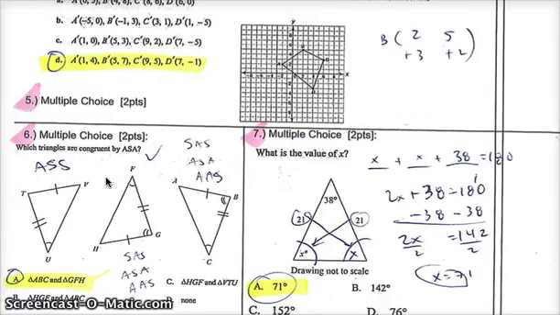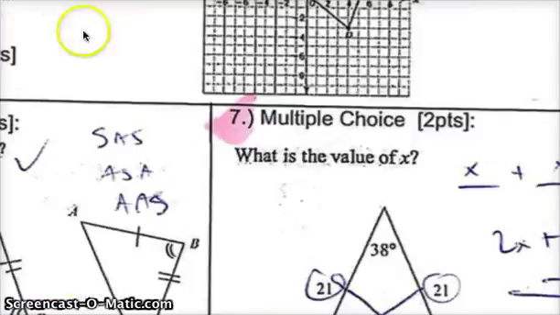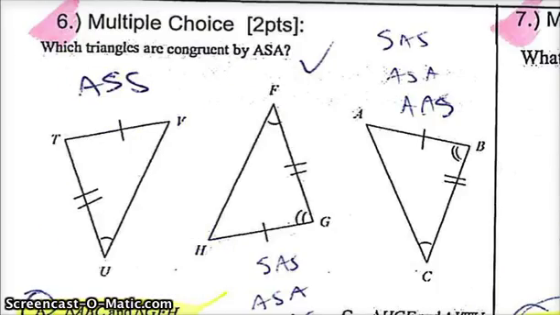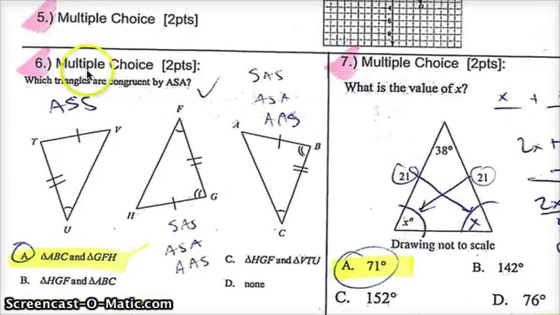Question number 6. Which triangles are congruent by ASA? Okay, so I need 2 of the 3 triangles. Now, if you look at this here, this one is side, side, angle.